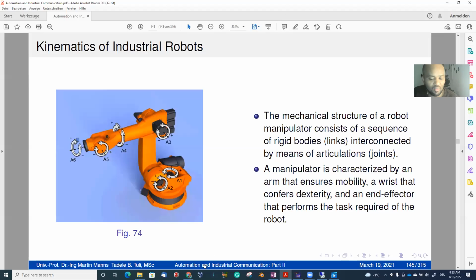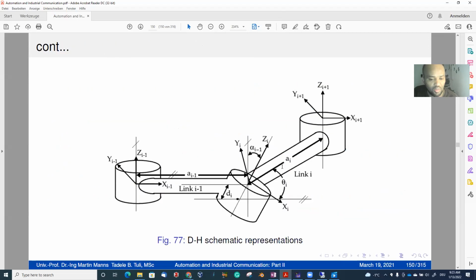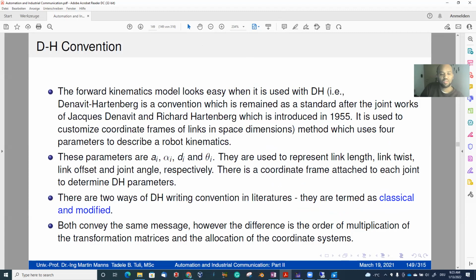And this Denavit-Hartenberg convention gives you the following 4 parameters. The first is a_i, the second is alpha_i, third is d_i, and the fourth is theta_i. Okay, a_i, alpha_i, d_i, and theta_i.